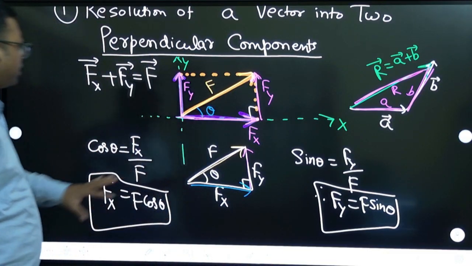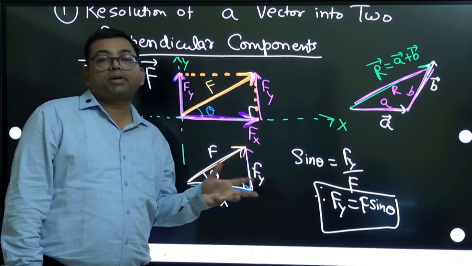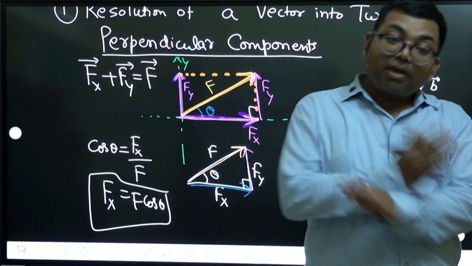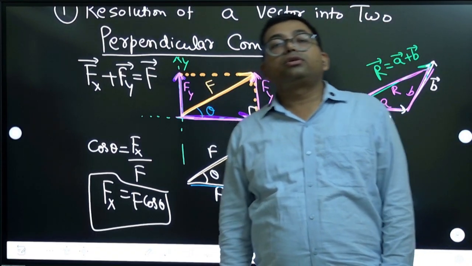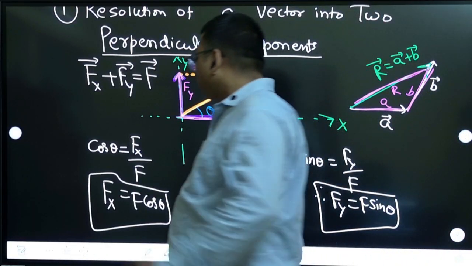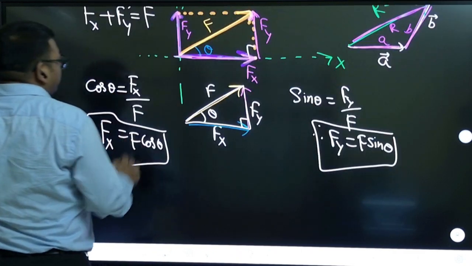So magnitude can be calculated like this. That means a force can be resolved into two perpendicular components. One is along one direction, the other is perpendicular to that direction. They are called perpendicular components. That's the important thing. Now let's see, a lot of applications are there. Let us try to do that.